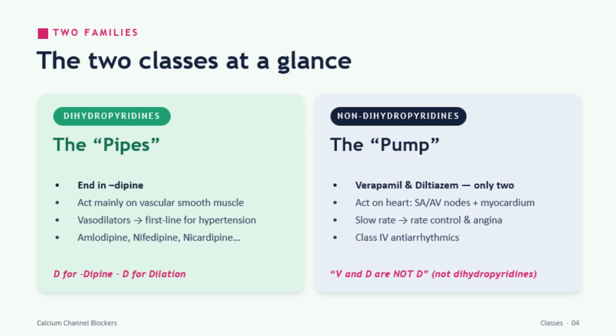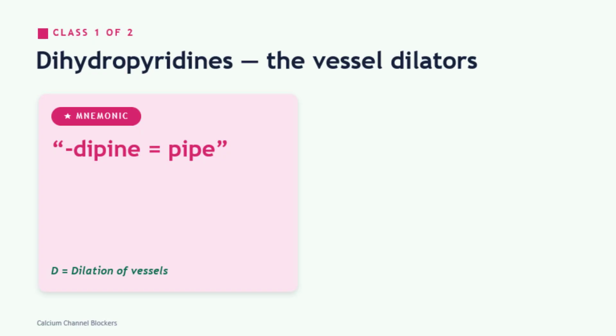Family 2, the non-dihydropyridines, and there are only 2 of them, verapamil and diltiazem. They love the heart, the pump. Pipes versus pump. That is the whole game. Whenever you get stuck later, just ask yourself, is this a pipe drug or a pump drug? Everything else falls into place from there.